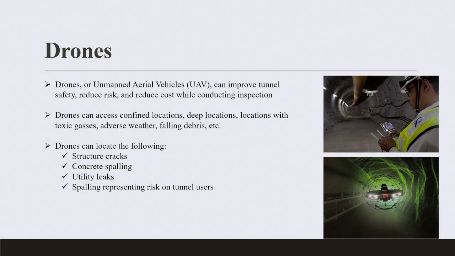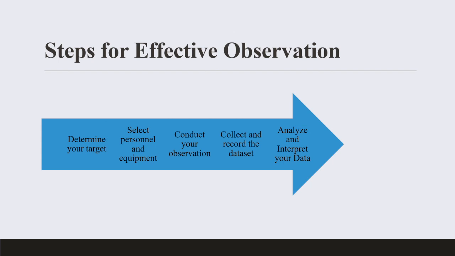Drones, we have talked enough about it. You can locate something on the surface, like structural cracks, asphalt cracks, potholes, concrete spalling, utility leaks, etc. Now, the next few slides, I'm basically talking about how to conduct an effective observation.